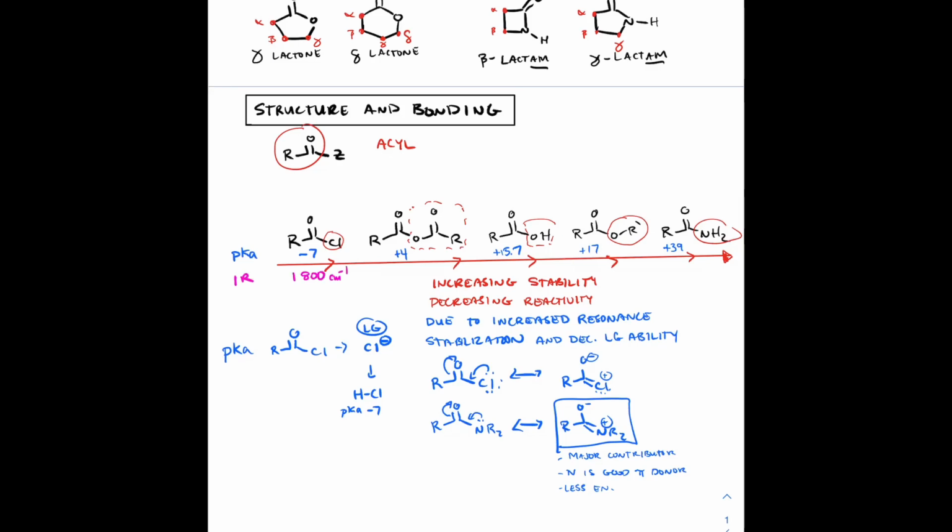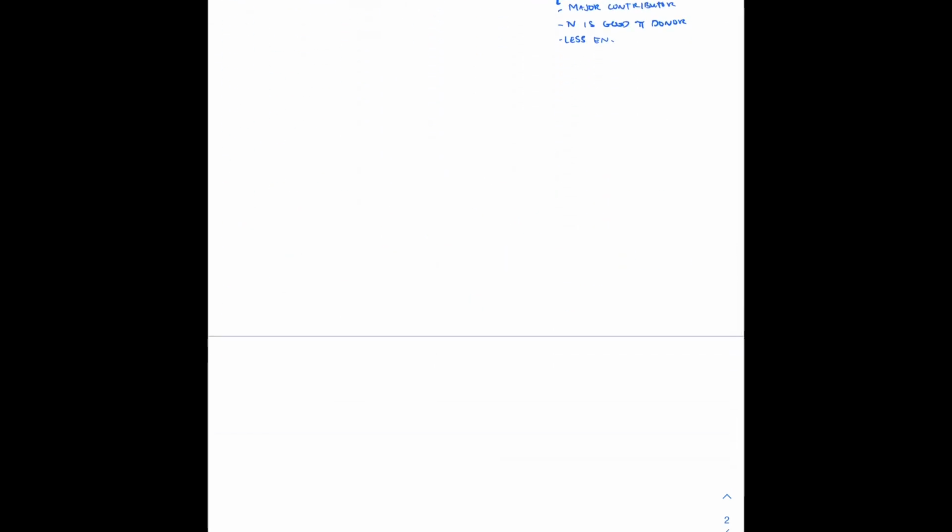Now, what I want to do next is use this little chart to classify our IR stretches. So what we're classifying is the carbonyl stretches. And as we go from left to right, we'll notice that the values actually decrease. And so this is actually related to the resonance structures. I'll go over the details on that in just a second.